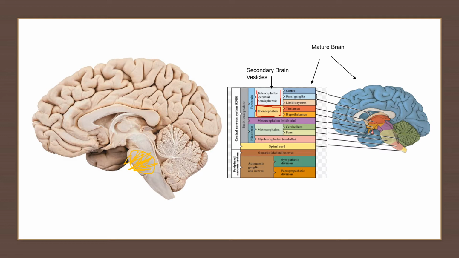It does a really good job of communicating things up from the cerebrum to the cerebellum. So it is the intercommunication highway for information that is going up and down the spinal cord and into the cerebellum and then up into the cerebral cortex. So that's the pons. And you can see that the pons is loaded with white matter.